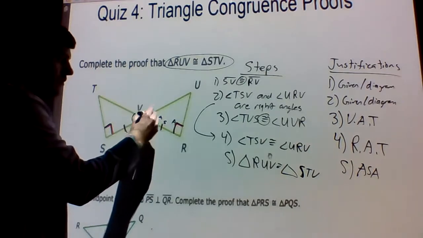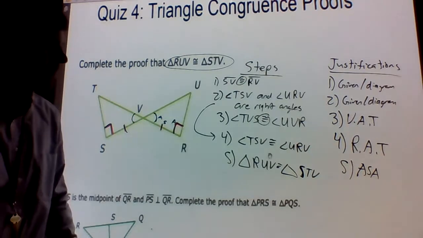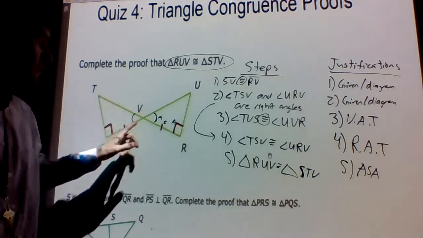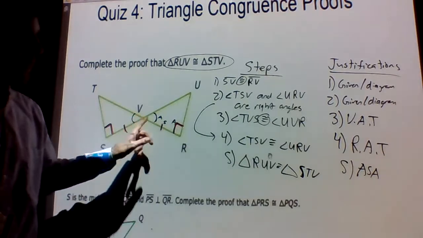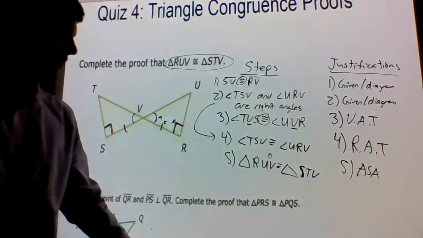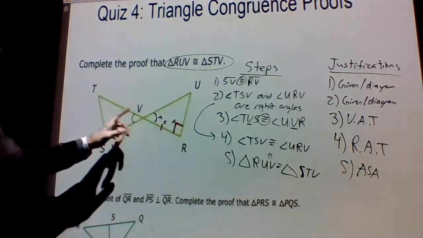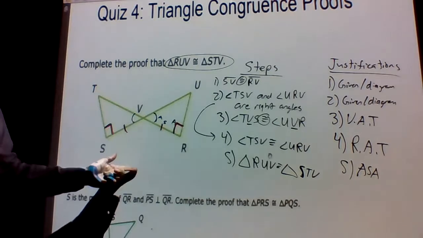We had vertical angles. We know vertical angles are always congruent by the vertical angle theorem. So we know angle TVS and angle UVR are congruent. Again, V is the vertex, so V must be in the middle when we name our angles. UVR and TVS.